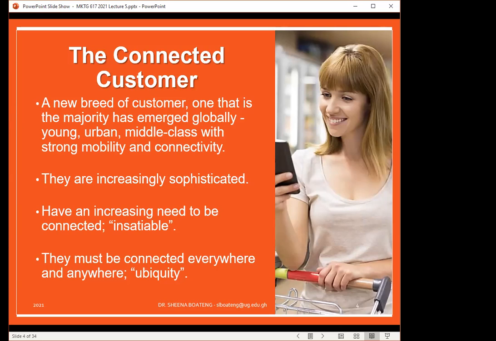So let me use a typical gentleman in this consumer group as an example, right? So the typical connected male customer has a television at home, a digital television on which they have been watching Premier League matches. And most of the time, while they are watching the Premier League match, their mobile phone or their smartphone is in one hand and they are monitoring the match dialogue or commentary on social media, including Twitter and other internet platforms.